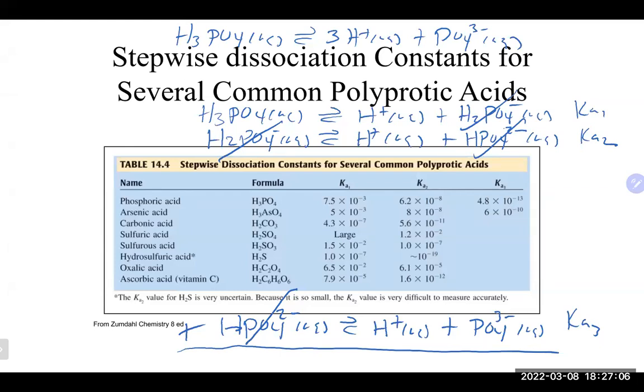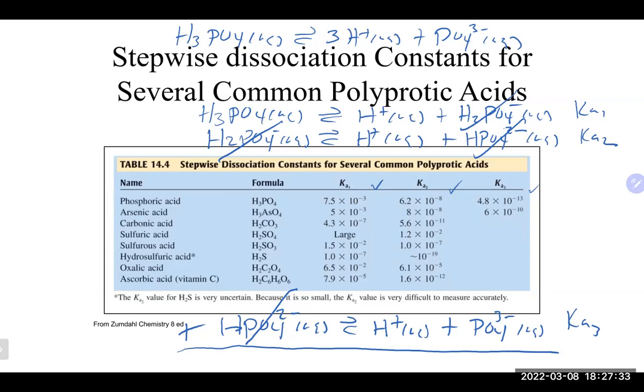And we see that when we look at these Ka values. This is the Ka value for the first one, which is 7.5 times 10 to the minus 3. Then it goes to 6.9 times 10 to the minus 8, to 4.8 times 10 to the minus 13. The Ka value gets smaller. Because the Ka value gets smaller, that means we have mainly reactants or products.